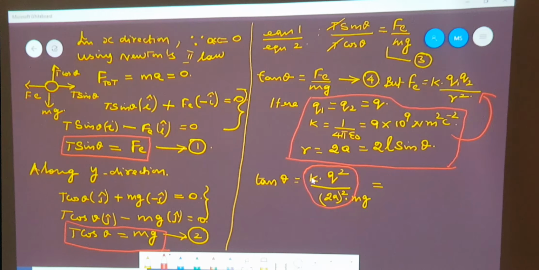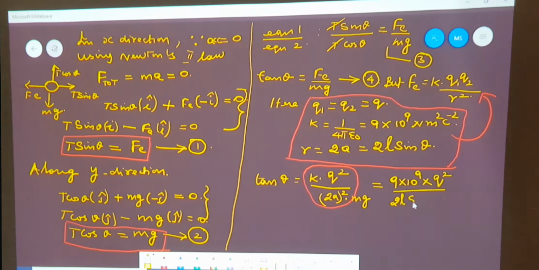Now substitute, what is the value of K? The value of K is 9 into 10 to the power of 9. So I am substituting 9 into 10 to the power of 9 into Q square divided by, what is 2A? 2A is 2L sin theta.